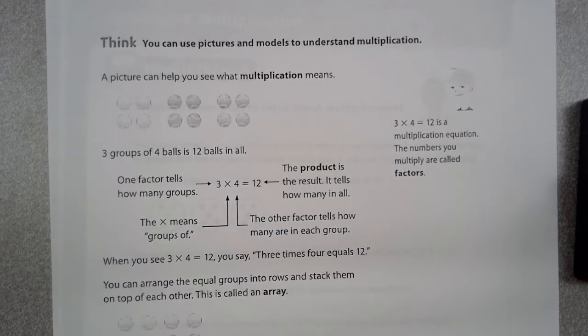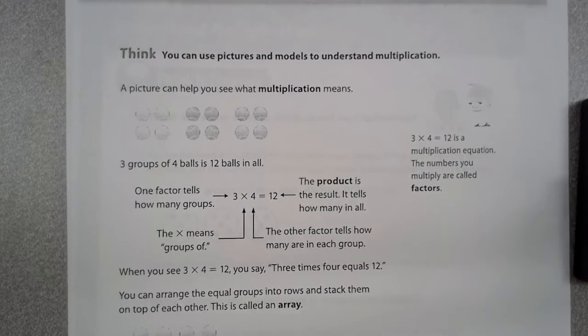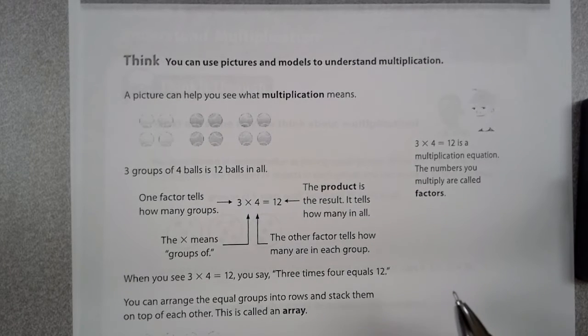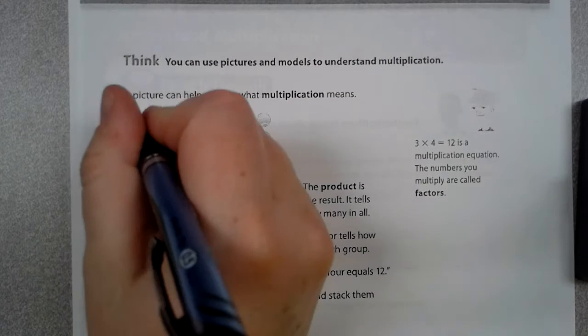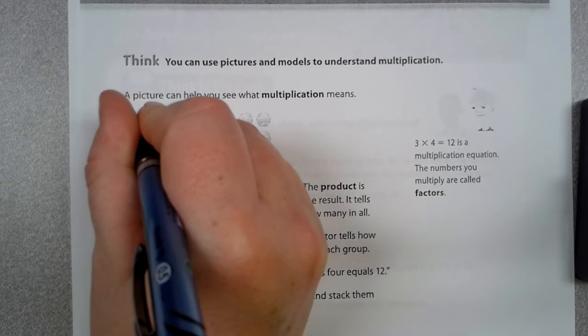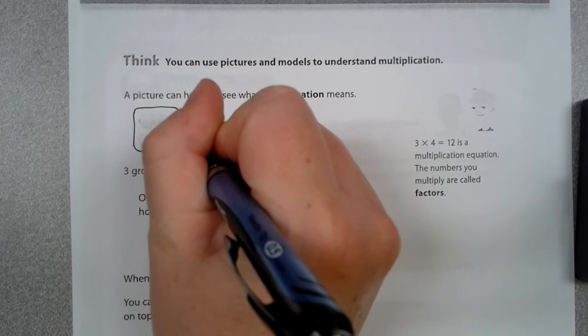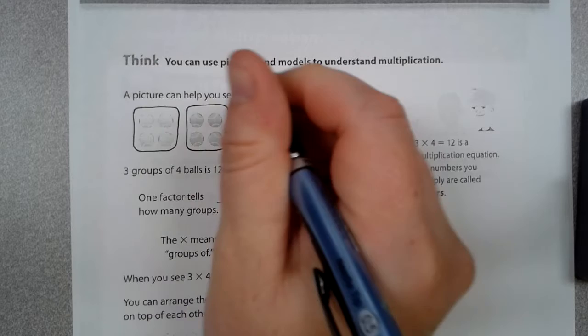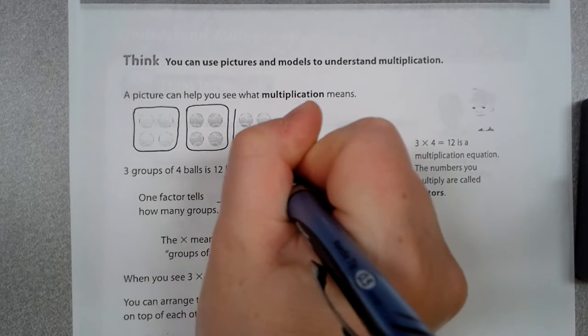Okay, the picture can help you see what multiplication means. So what I'm going to do is circle the groups. I'm not going to circle, never mind. I'm going to draw squares. 1, 2, 3.